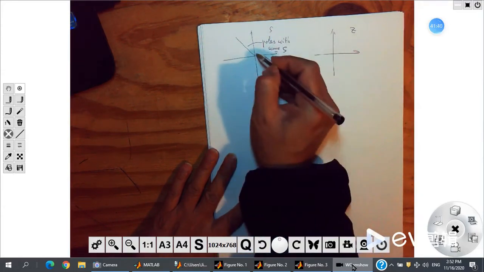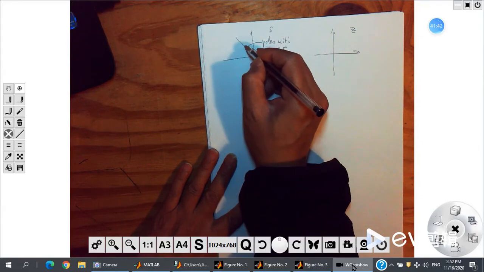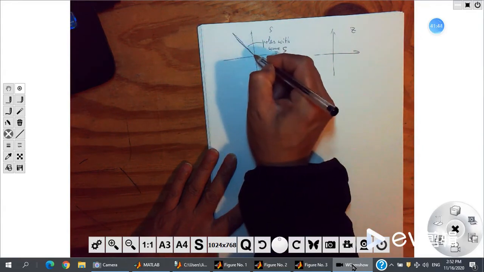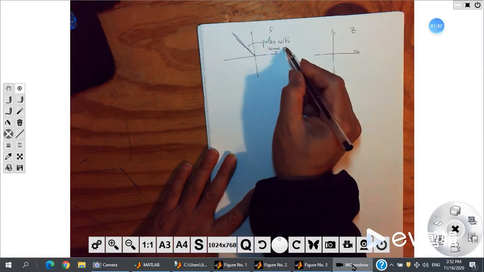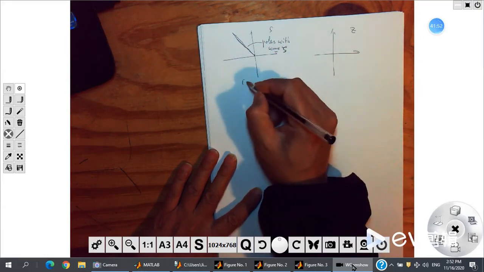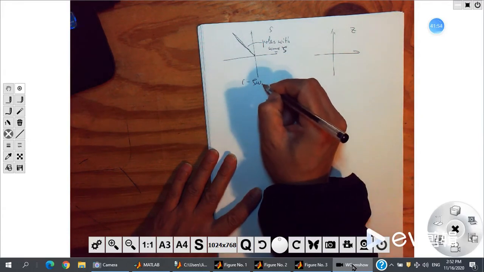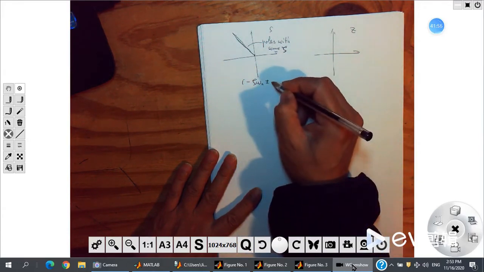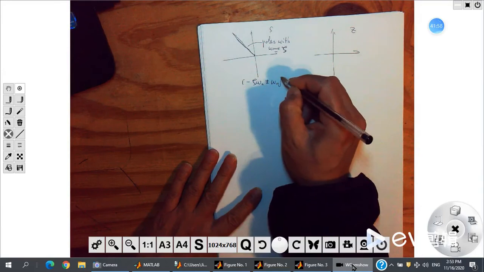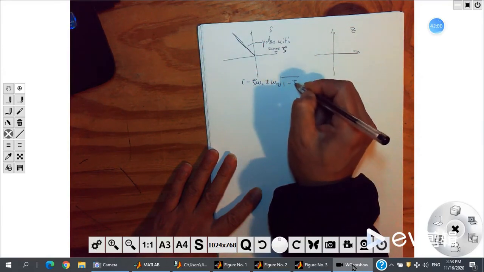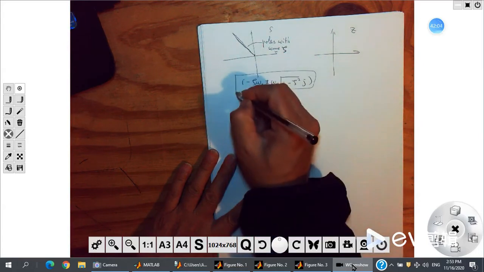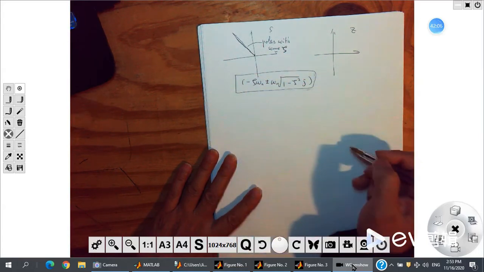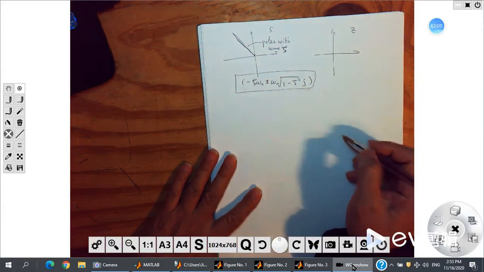In the S-plane, we consider all the poles along this straight line. They are all the poles with the same zeta. Remember the poles: negative zeta omega n plus or minus omega n times the square root of 1 minus zeta squared times j. In a lot of cases, we need to consider poles that look like this.